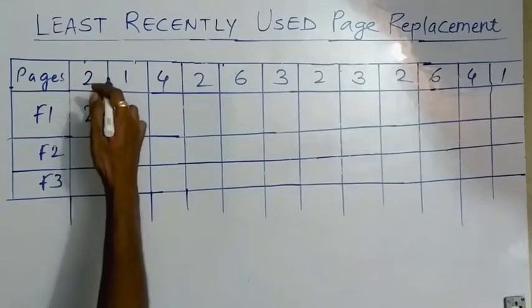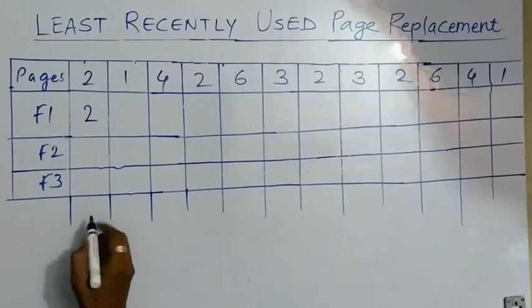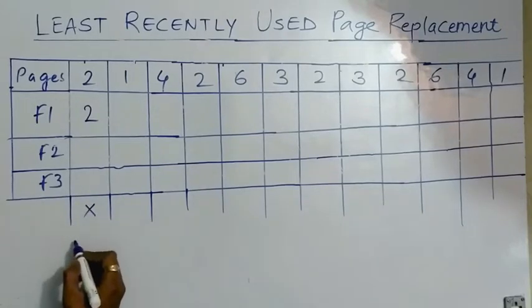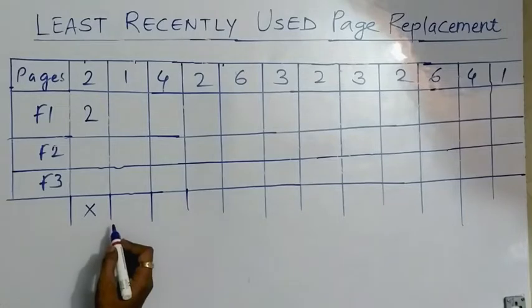This page was not available in the main memory system, so a page miss will happen. If you have not seen my previous video, I request you to see that first and then go for this LRU page replacement strategy, because it is a continuation of first in first out.